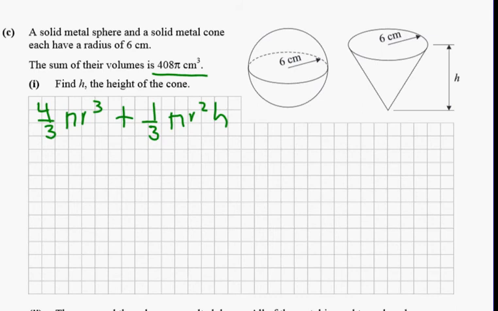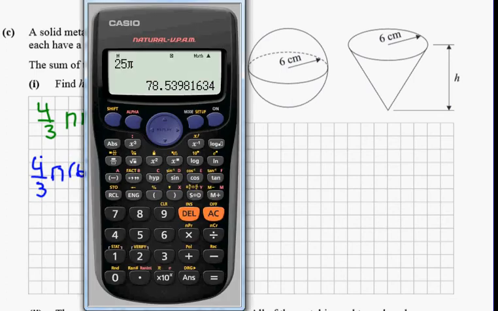Fill them in. 6, okay? So what we can do is find out the volume of the sphere, guys. 4 over 3 pi times 6 cubed.